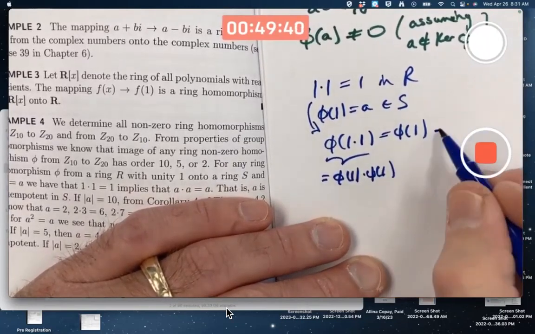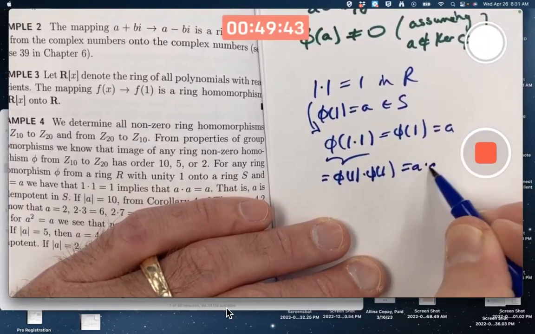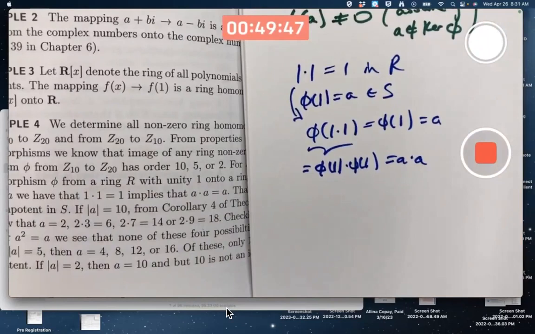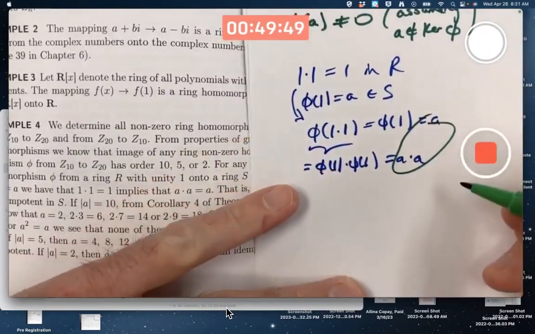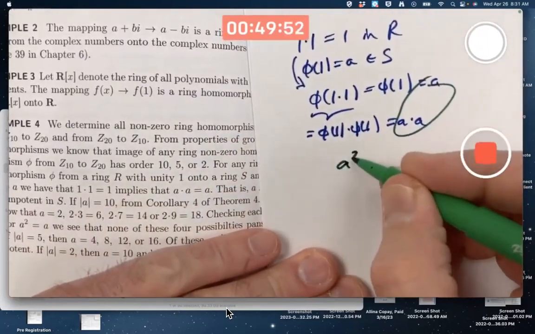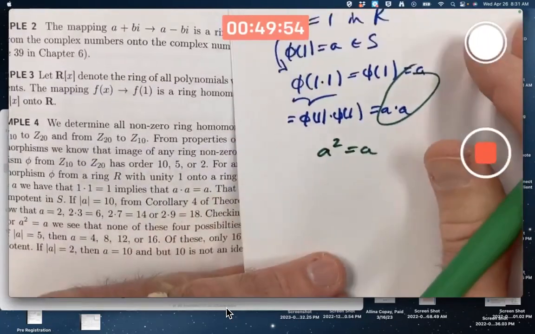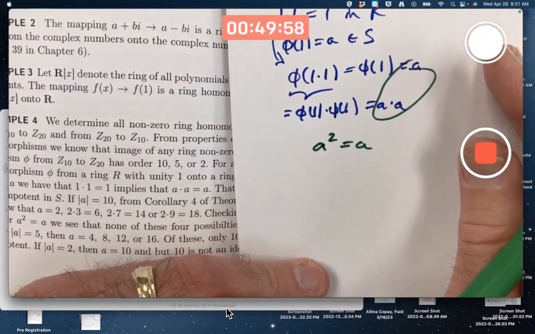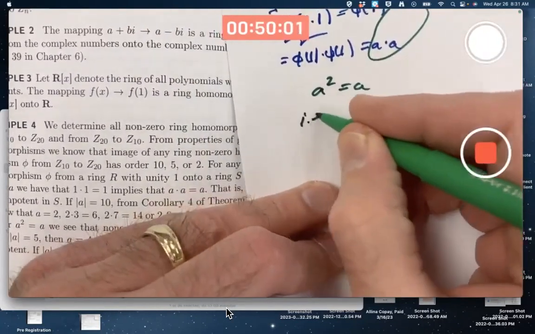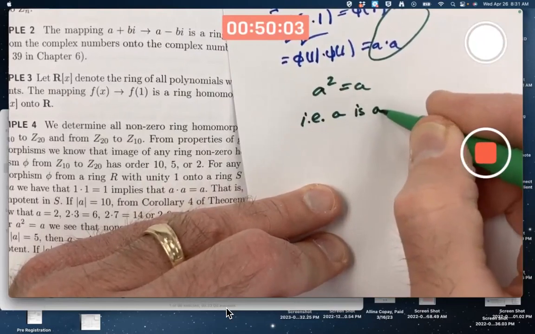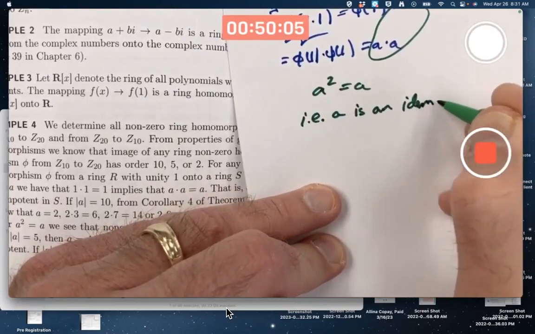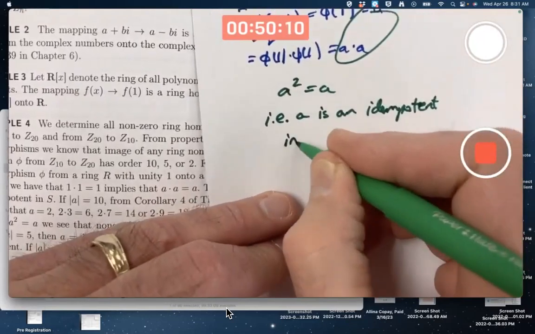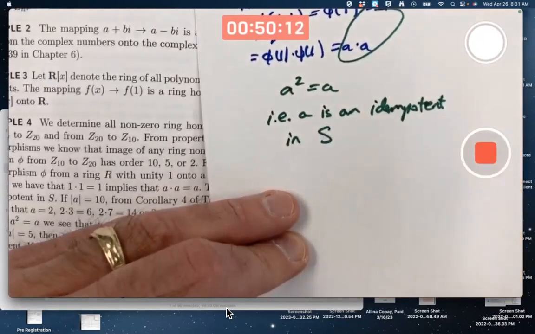But hey, this is A and this is A times A. So that's why A times A must equal A. In other words, A squared is A. A is an idempotent. Beautiful word. Idempotent, i.e., A is an idempotent in the codomain S.